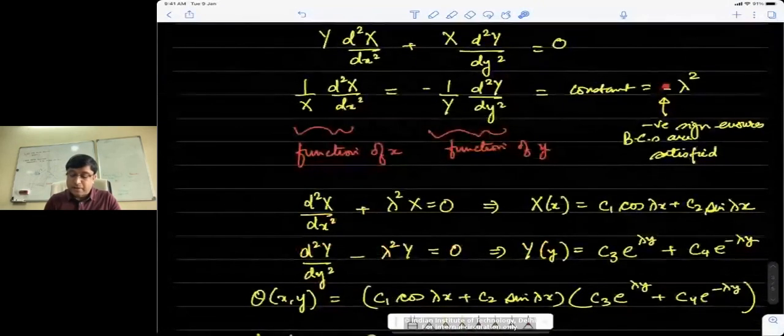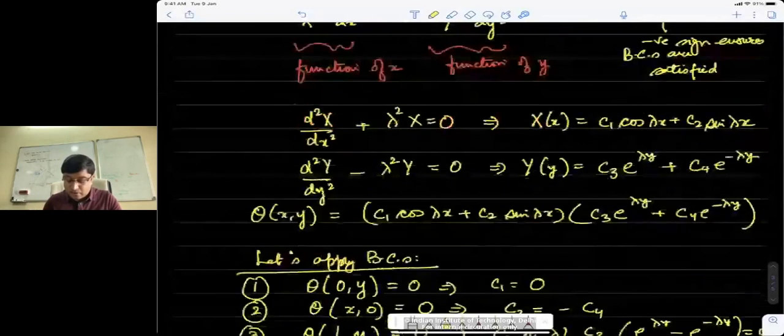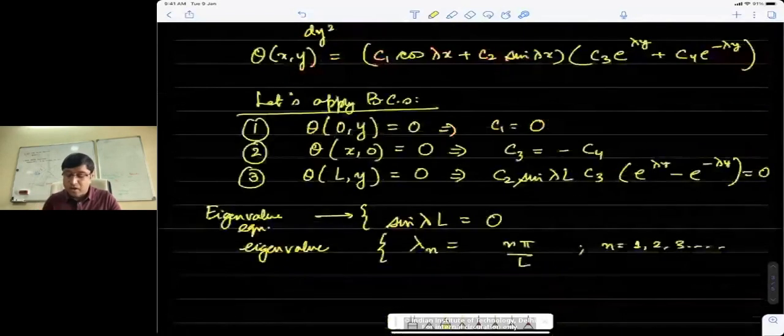If I had a positive lambda square here, then this X would have given me an e to the power lambda X kind of solution, and Y would have given a sine lambda y and cosine lambda y type of solution, and that will still not satisfy the overall boundary conditions. So I know ahead of time, having done this so many times, what is going to work and what is not.